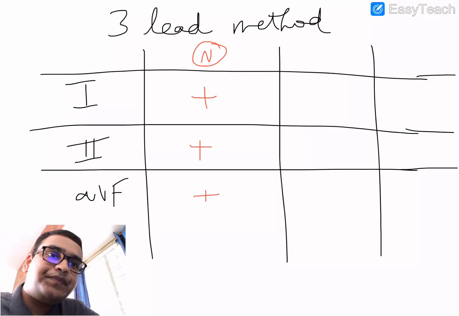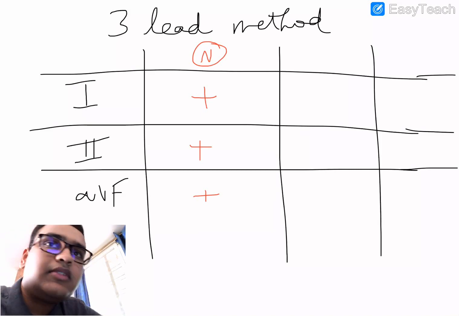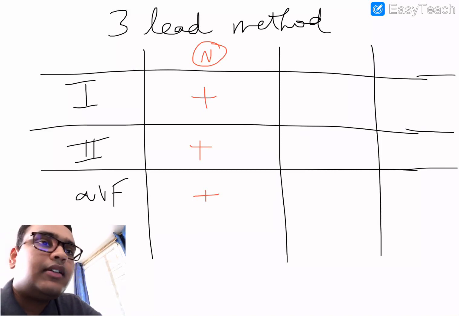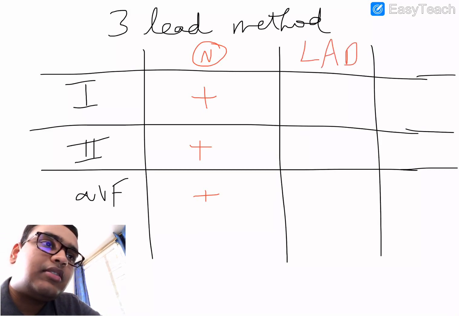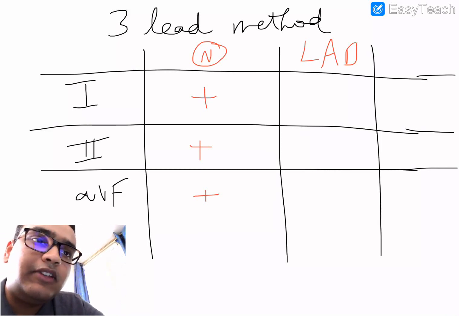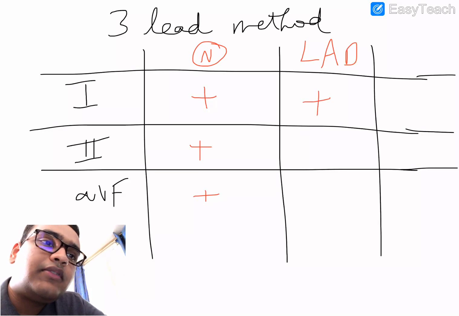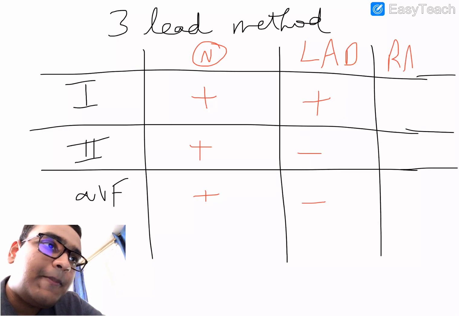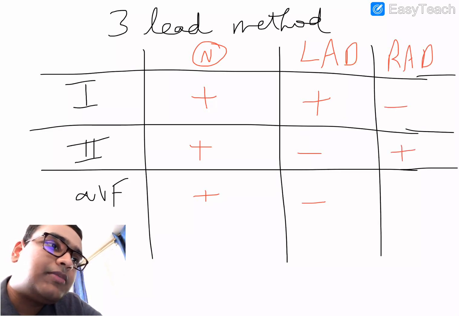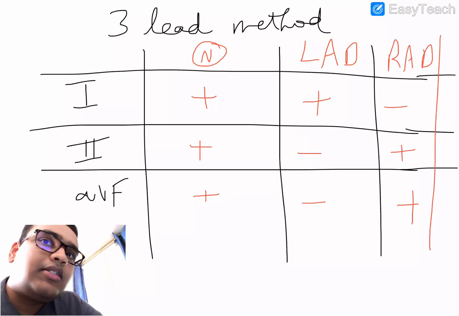Next, for left axis deviation, to tell that the ECG is pathologically left axis deviated, lead 1 is positive, lead 2 is negative, and AVF is negative. For right axis deviation, lead 1 is negative, lead 2 is positive, and AVF is positive. For extreme axis deviation, all are negative.